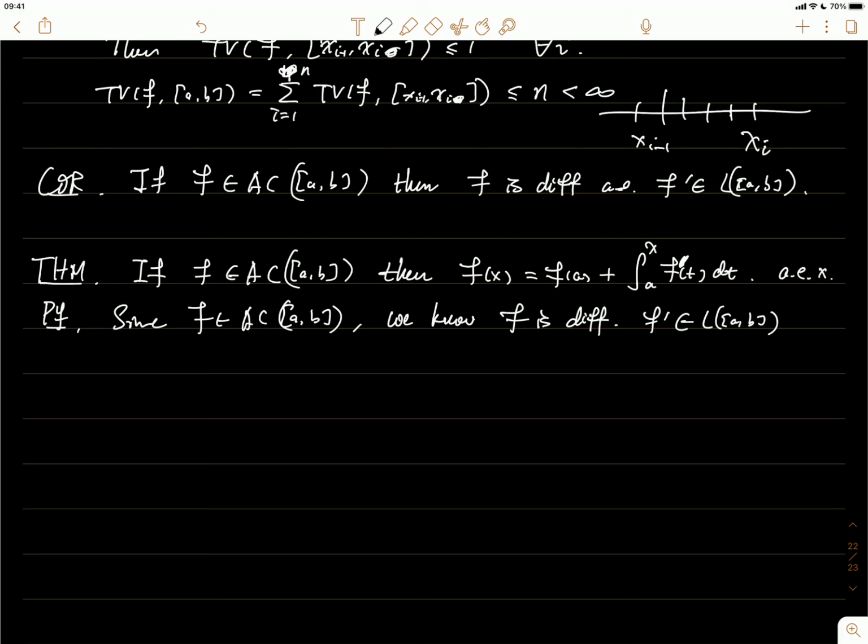So everything on the right hand side is actually well defined. Okay, and also let g of x be the integral from a to x of f prime of t dt. Just the integral of this integrable function f prime.